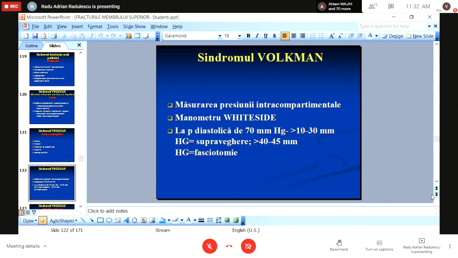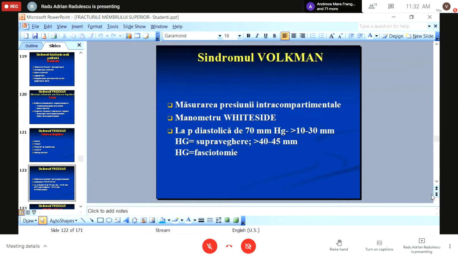That can be measured by punctioning the compartment. So we puncture the compartment and we measure the pressure in millimeters, of course, exactly like we measure the blood pressure. Usually the diastolic pressure is about 70 millimeters.